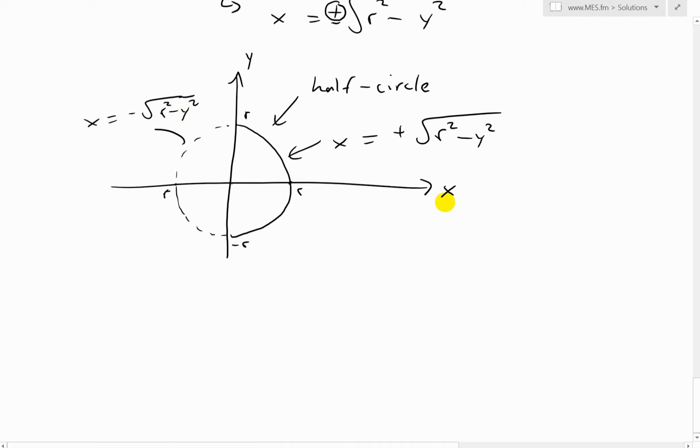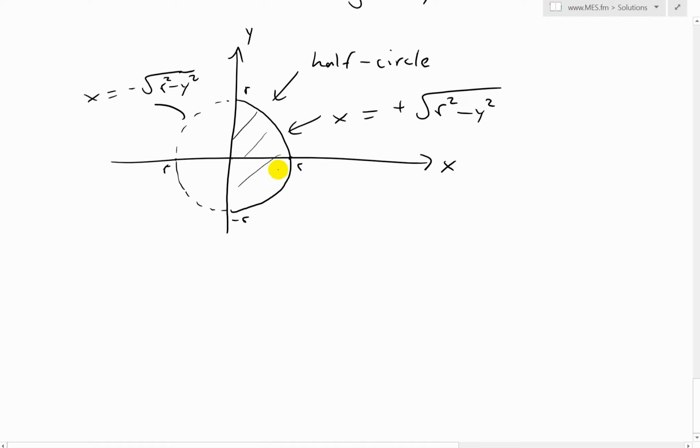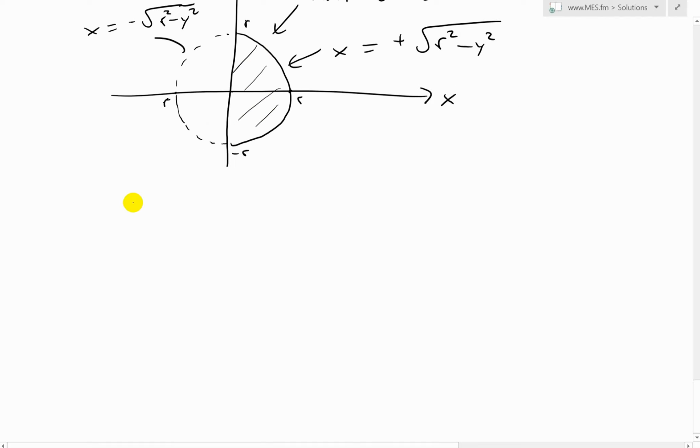Since it's a circle, the integral from negative r to r of the square root of r squared minus y squared dy is just an area, because the volume is just the area under the region. So this equals the area of a half circle.